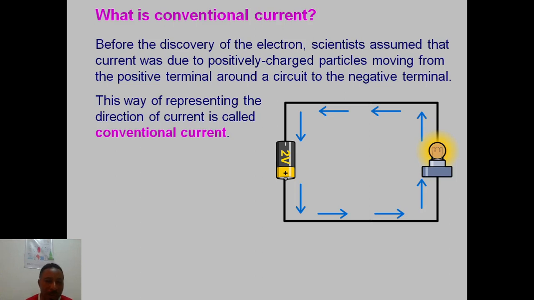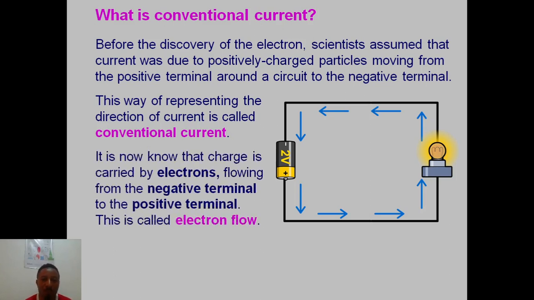So that same idea has been adopted and is still in use, so we call it the conventional current idea. It is now known that the charge is carried by electrons flowing from the negative terminal to the positive terminal. This is called the electron flow.